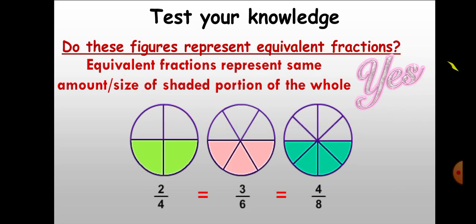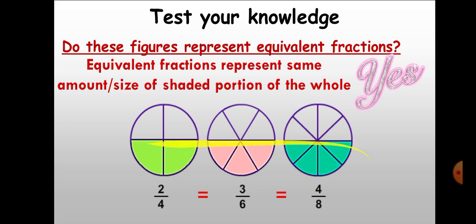Then you have to check your knowledge. You have to give your answer on your own, but let me tell you because it's my work. First of all, you should know again what equivalent fractions are. Equivalent fractions are fractions that represent the same amount or size of the shaded portion of a whole. As I said in the last part, if the circles contain the same amount of shaded portions, we can simply say yes as the answer.